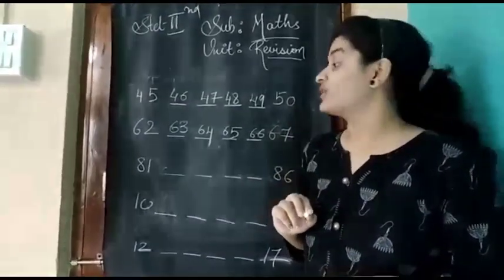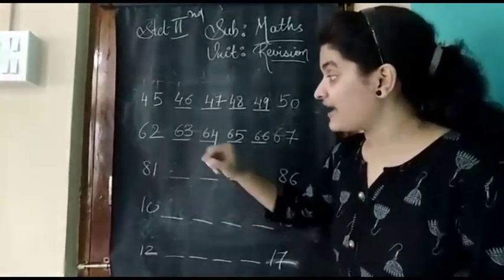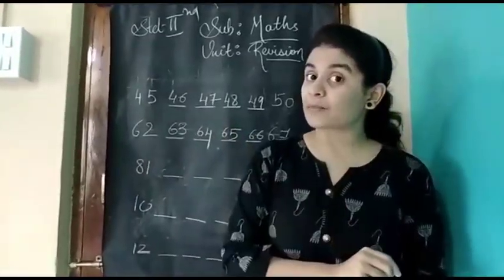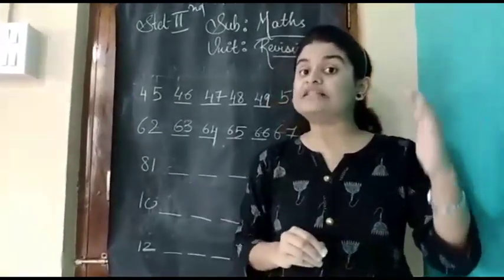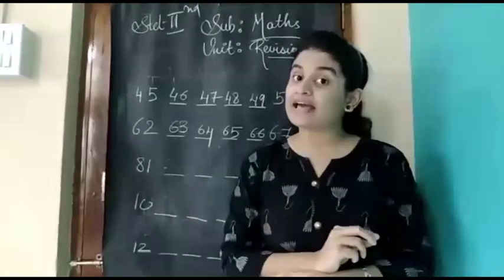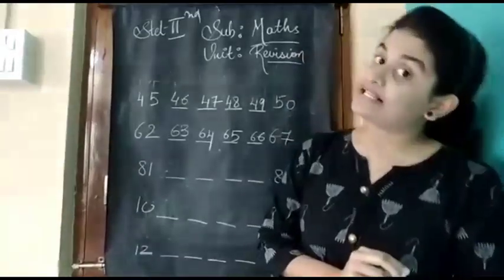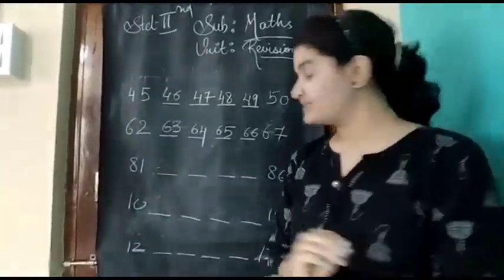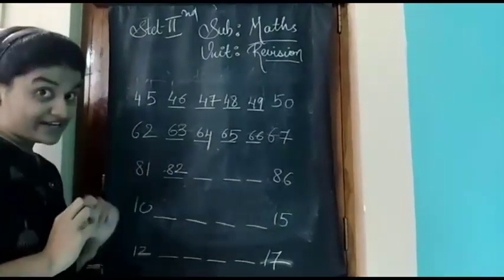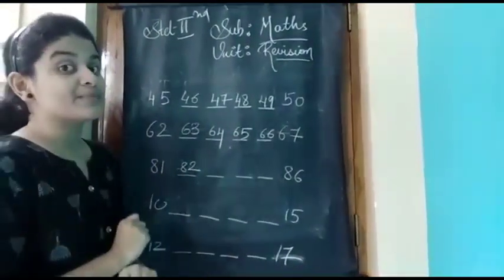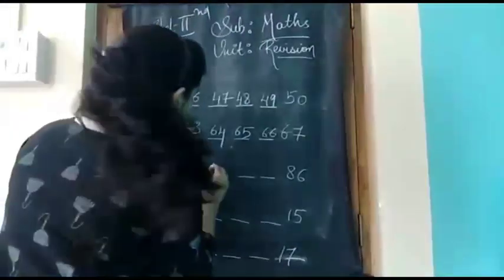Right? So now tell me, after 81, which number comes? तो बच्चों मुझे बताओ 81 इस नंबर के बाद कौन सा नंबर आता है? 82, right? After 82, which number comes? 83.